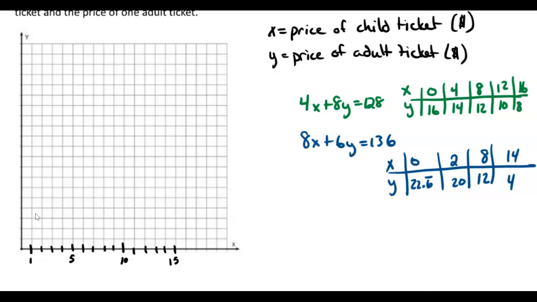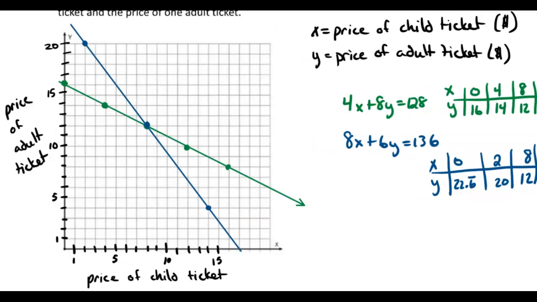And honestly, I just went by ones here because I figure my intersection's probably not going to be quite that high. 8, 9, 10, 11, 12, 13, 14, 15, 16, 17, 18, 19, 20. Okay, go ahead and graph the points. I'm going to pause this so you can do that.